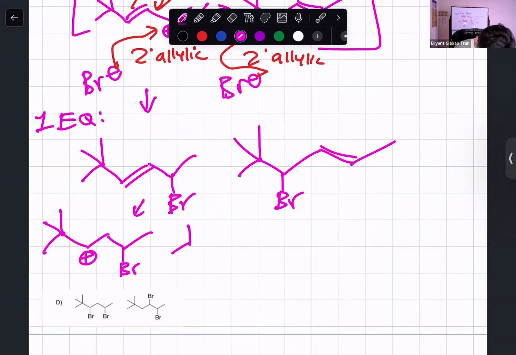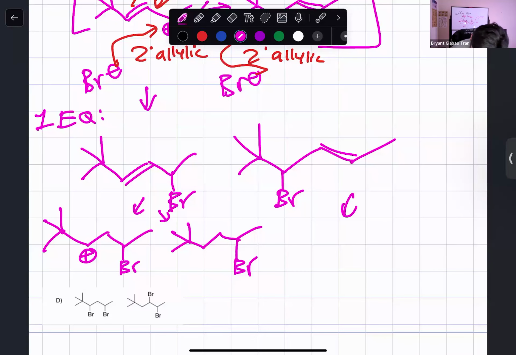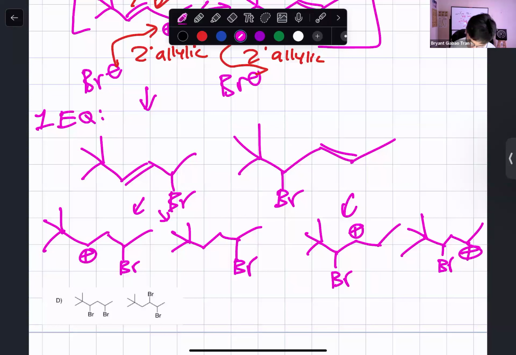Right, that's one of it. This is gonna be the other one right here, right? And from this one, we're gonna get this carbocation and this carbocation here. Do these four carbocation intermediates make sense so far?